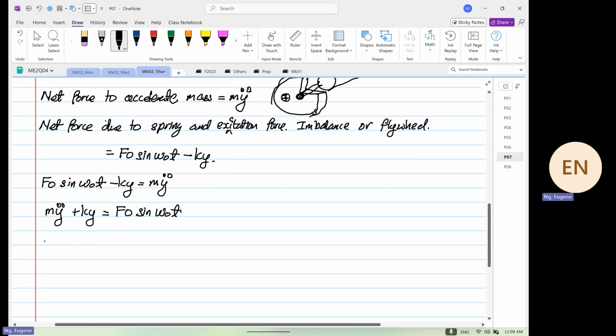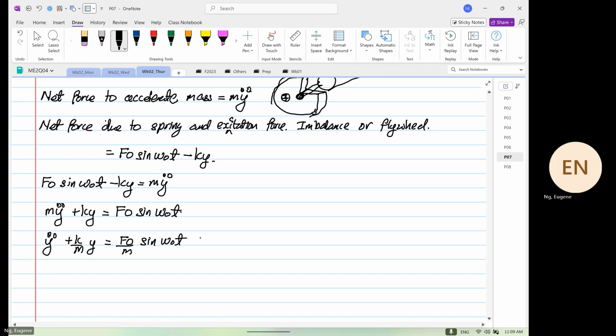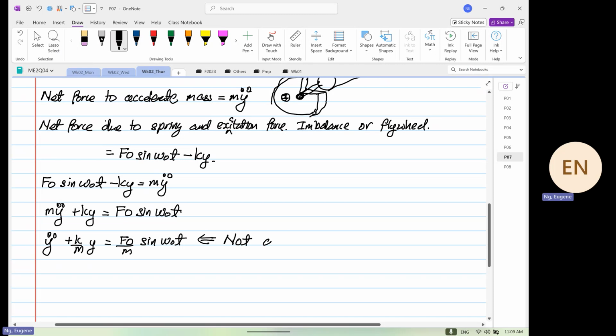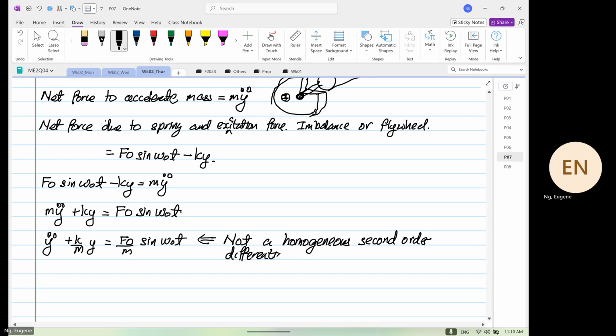And then if we were to bring our mass down, this term over here, this is not a homogeneous second order differential equation.